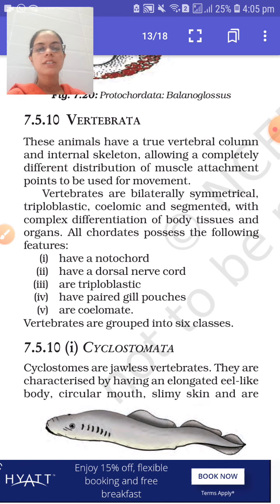Differentiation means once the cell is divided into a greater number of cells, these cells will get differentiated, means they will modify themselves in the way they have to function in the body. If we talk about the small intestine, they have the microvilli present in it.